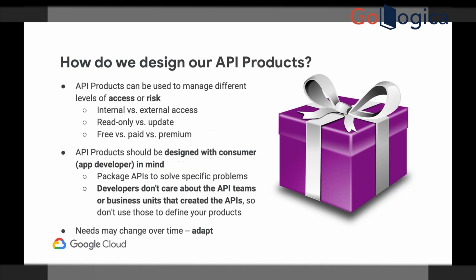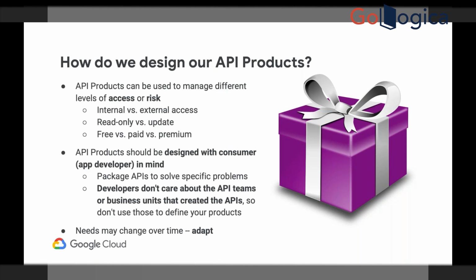Now the more important question: what are the things we have to consider when we are defining the API product? How will we determine which things to put in the API product? We have to think first about the risk level, what is the level of access we want to give, or what is the risk involved.